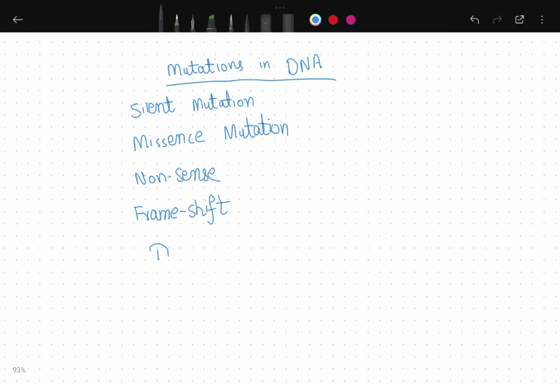One is transition and another is transversion. In transition, purine is changed into purine and pyrimidine to pyrimidine.